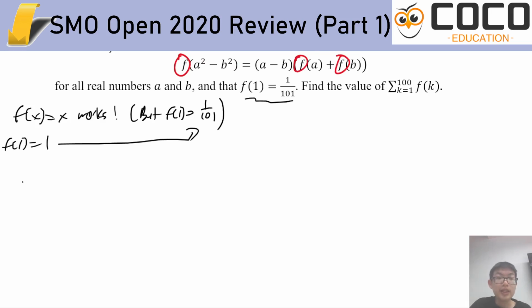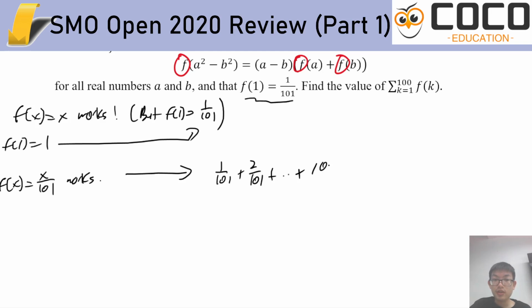And so I can say that, in fact, f(x) equals to x over 101 also works, because it's the same thing with over 101 on the left and right hand side. This will make our answer simple. There are just 50 pairs that add up to 1 each time.